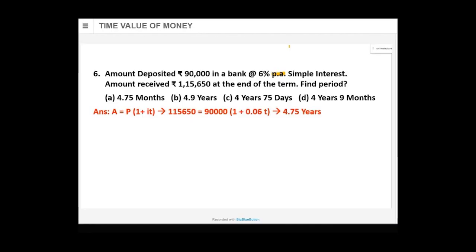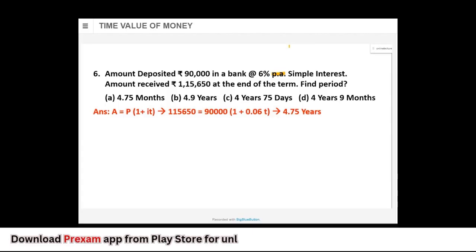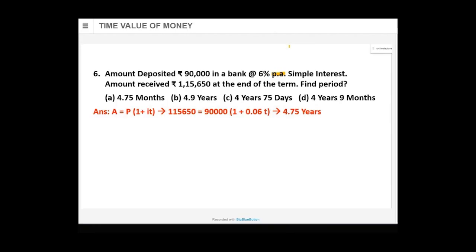Here, I'm solving now. A is equal to P in bracket 1 plus IT. That's the formula I'm using. So 1,15,650 is equal to 90,000 in bracket 1 plus 0.06, that is 6%, and T, we don't know T. So now use the calculator and you can do it.